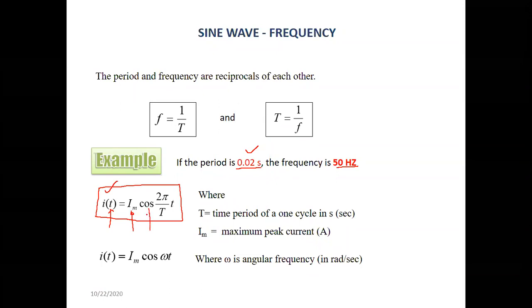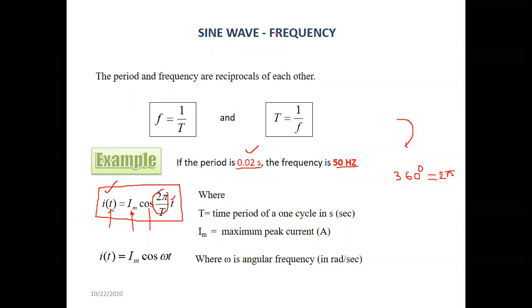You can use cos or sin of omega t. What is omega? Angular frequency. What is angular frequency? You know 360 degrees is equal to 2 pi radians.